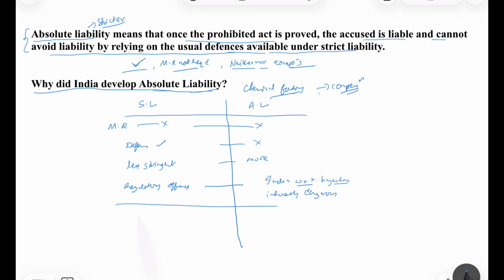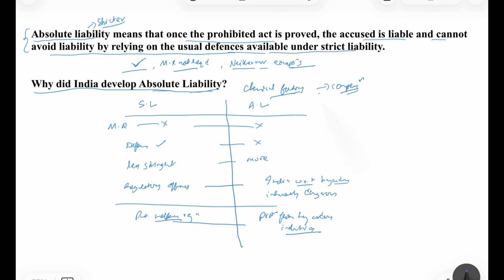Mostly strict liability is concerned with public health or public welfare regulation, and here it is based on protecting society from emerging industries which are very harmful and cause harm to people, hazardous industries.